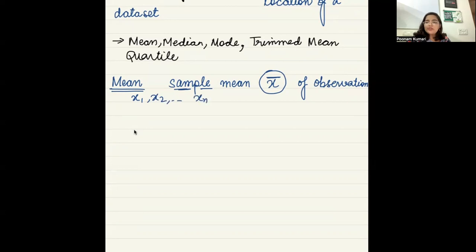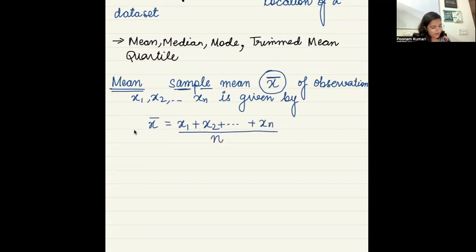If these are the values in your data, what is the sample mean? You sum all these values, x1 plus x2 up to xn, and then you divide by n, the number of observations you have. So that is your sample mean. How else can we represent it?